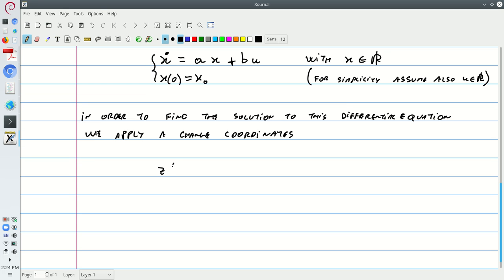We define z of t. By definition, when I use this symbol instead of equal, I mean that I'm defining this quantity, and I define z of t as exponential of minus at times x of t.